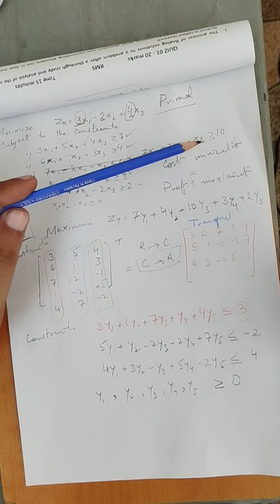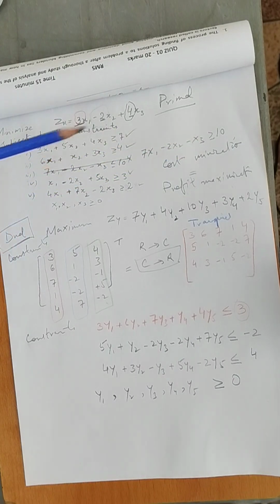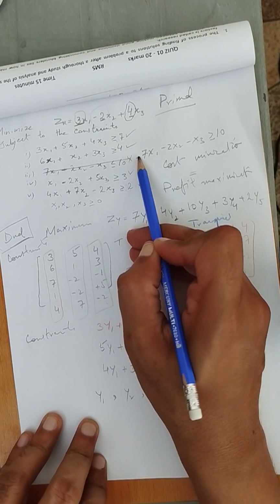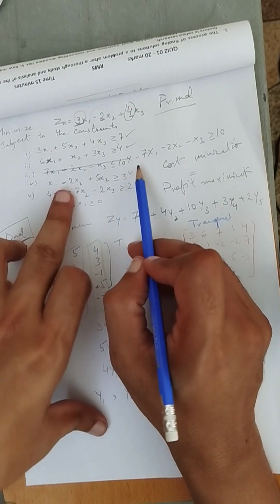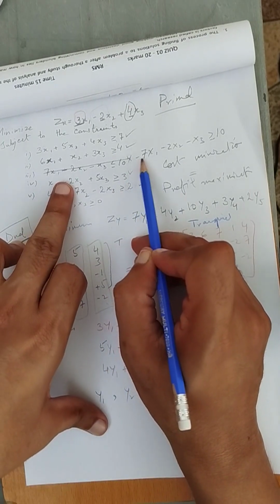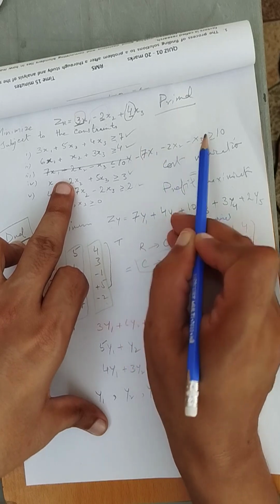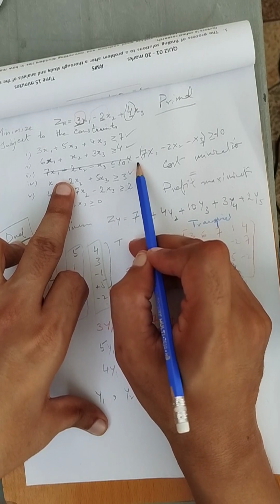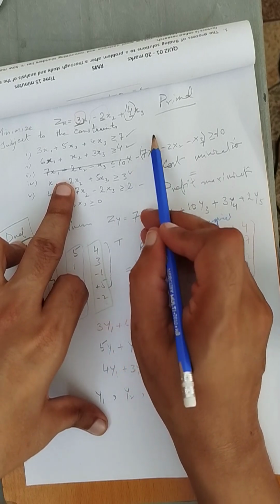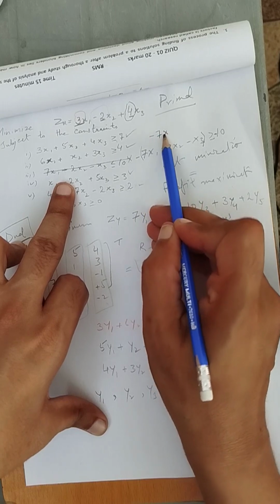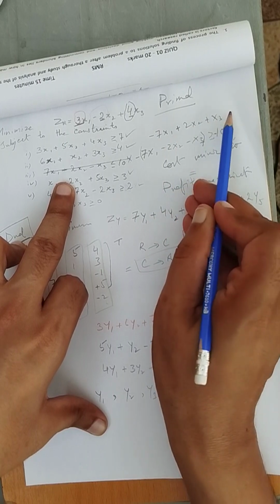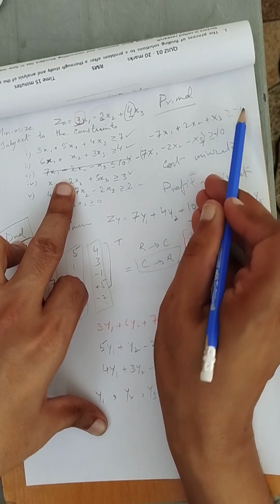The third constraint inequality was changed. So what happened? Whenever we change the inequality, we need to change the sign of them. So we have multiplied by minus on both sides. When we multiply by minus on both sides, it becomes minus 7x1 plus 2x2 plus x3 minus 10.